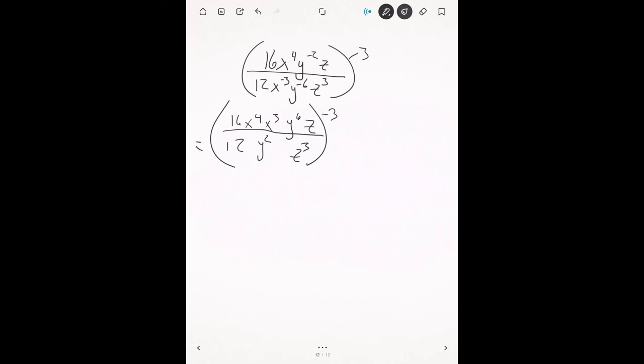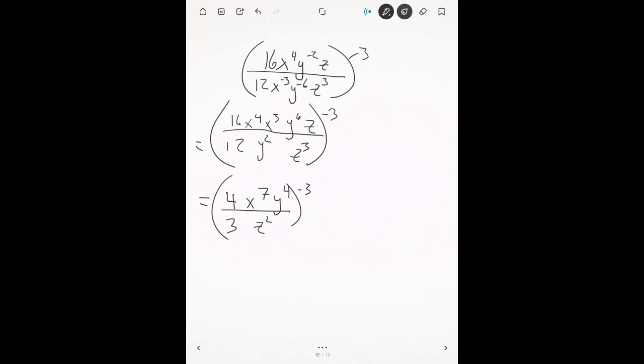So we'll go ahead and we'll simplify this. 12 and 16, let's see, that would be 4 over 3. X to the fourth and x to the third is x to the seventh. Y to the fourth. And then z over z cubed is z squared on the bottom, all to the negative 3. All right, did some full simplifying on the inside.